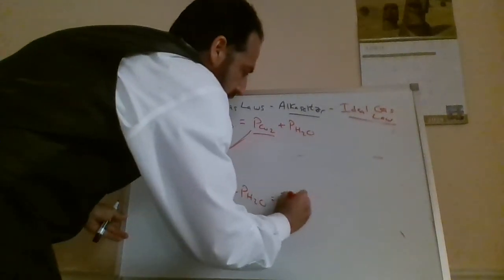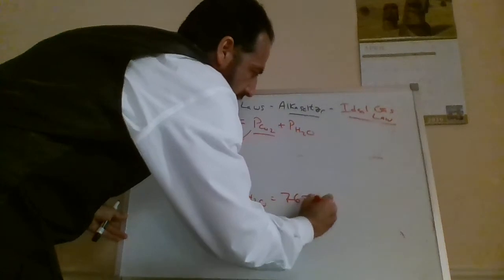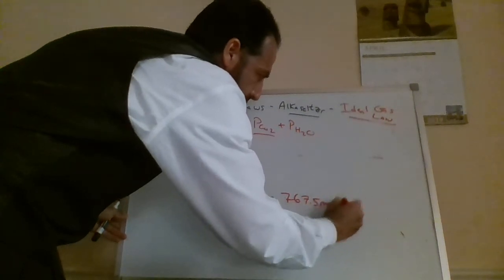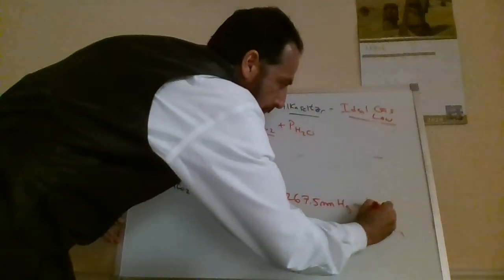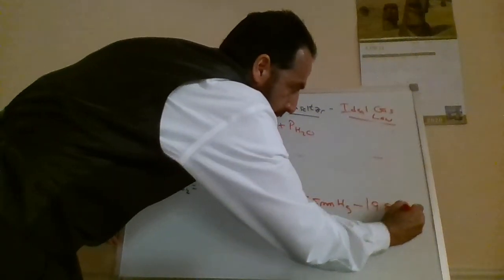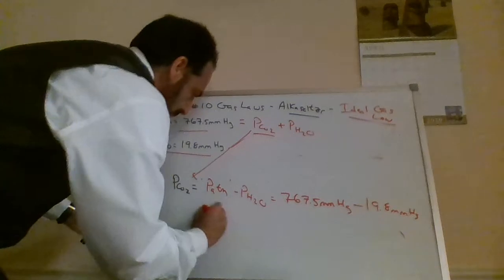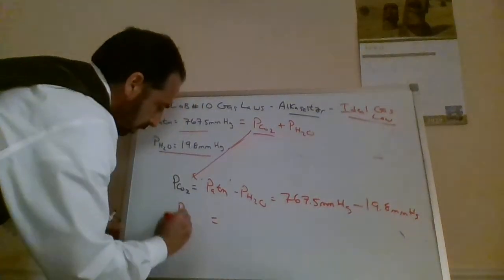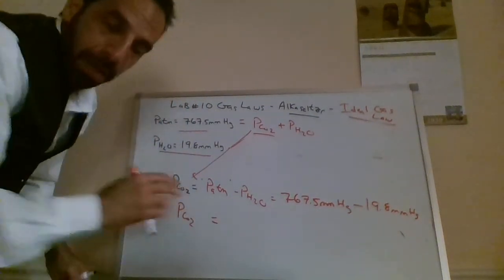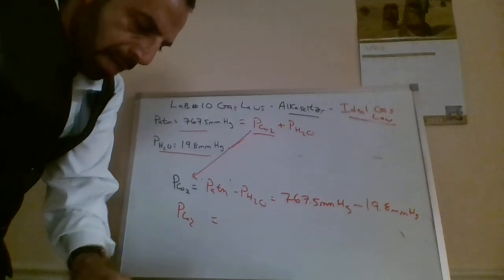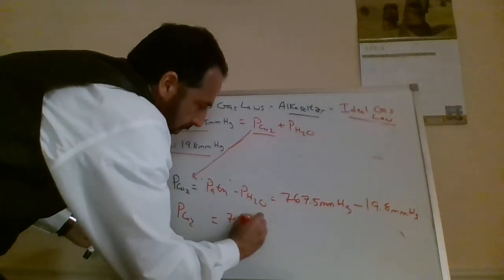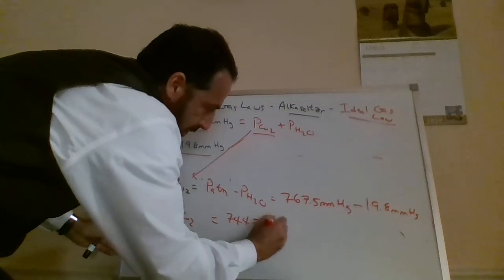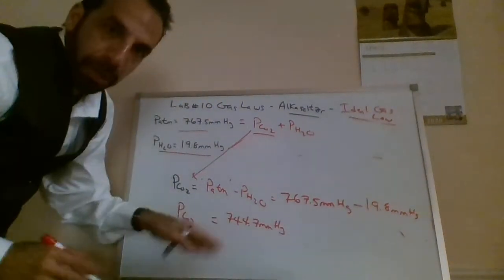So 767.5 millimeters of mercury minus 19.8 millimeters of mercury. So when I do that, the pressure of carbon dioxide gas is equal to 744.7 millimeters of mercury.